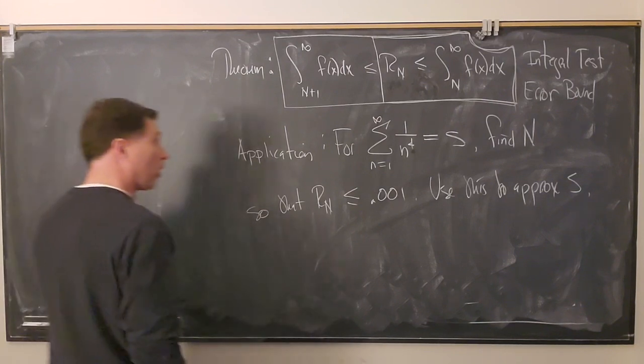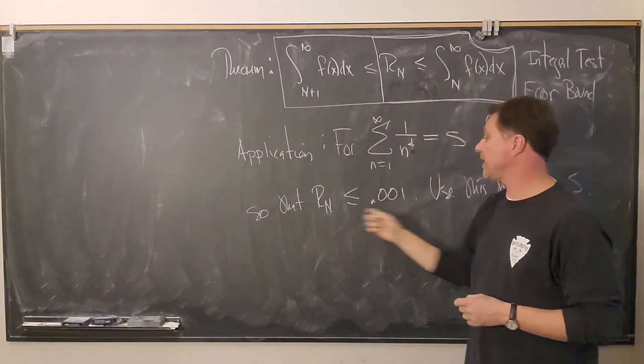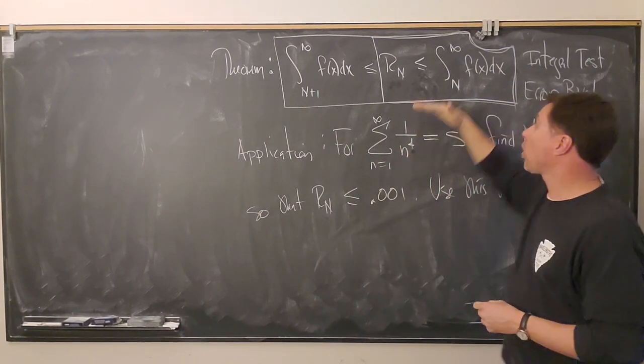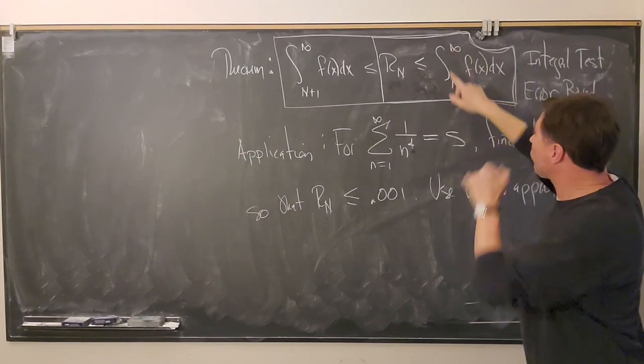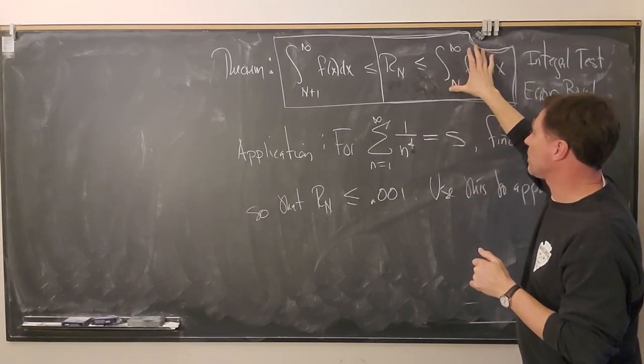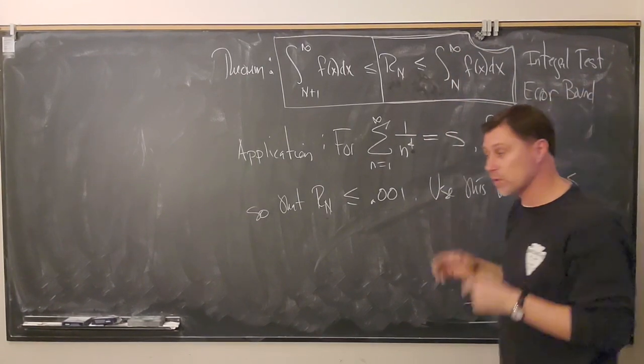All right, well, here's the idea. I would like to find n so that r sub n is less than 1/1000th. According to this inequality right here, if I could make this improper integral less than 1/1000th, that would guarantee me that r sub n is less than 1/1000th. So that's what I'm going to do.